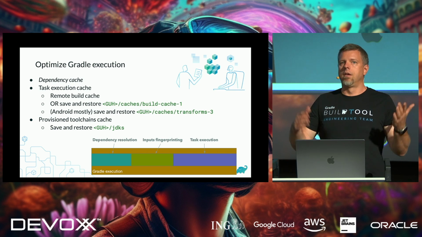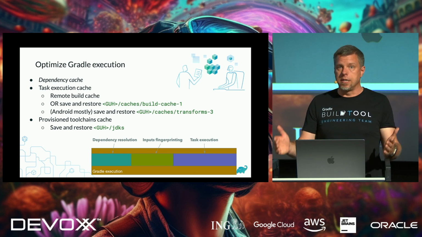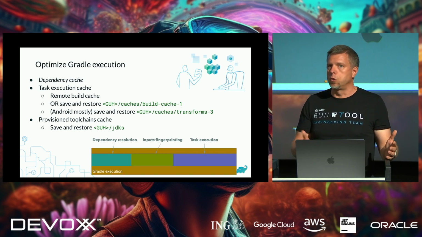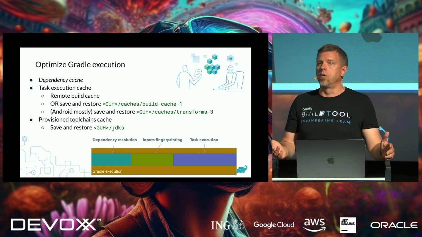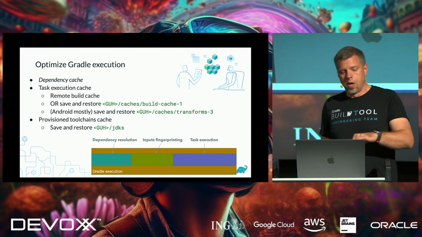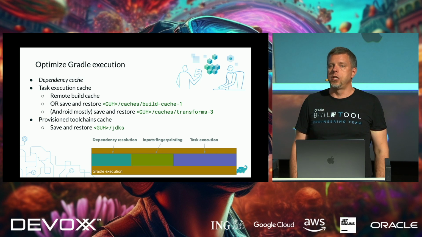Once again, let's assume your CI environment has some weird disk setup, which is really slow. Maybe turning on caching for this task makes sense because your download speed is faster than re-archiving locally. If you don't measure, you'll never know. So remote build cache again for the task execution cache, or use the caches build cache 1.